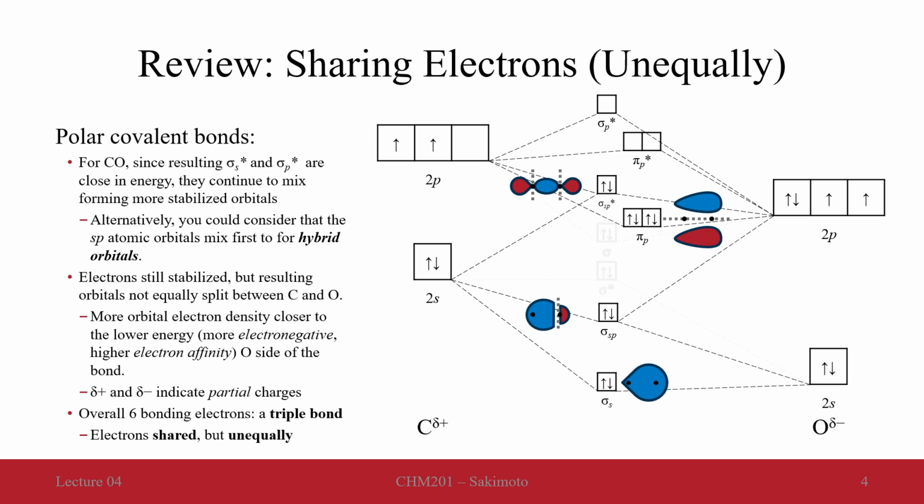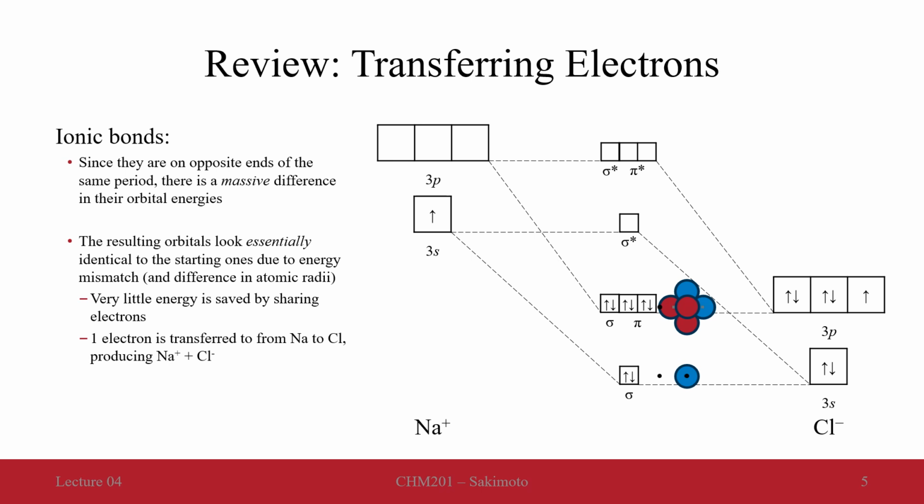This polar covalent bond is definitely one that you see quite often, since every time you have a pair of unequivalent atoms, or 2 different elements, we are likely to form a polar covalent bond where the electrons are somehow shared unequally.